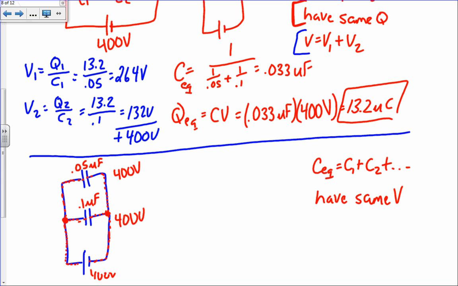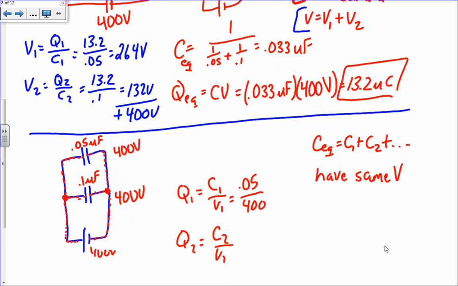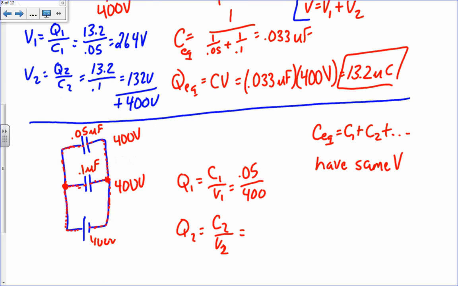So I can find Q1 is C1 over V1. It's going to be 0.05 over 400. And likewise, Q2 is C2 over V2, 0.1 over 400.